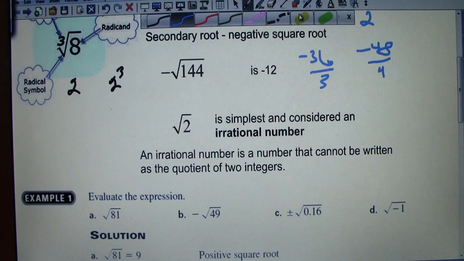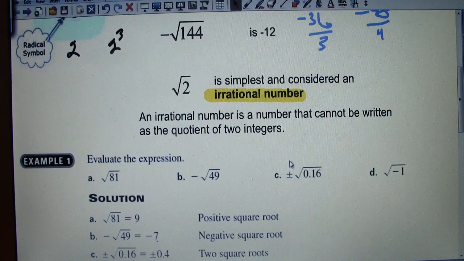So a number that's in its simplest radical form that cannot be shown as a quotient or fraction of two integers, which would be rational, this is called irrational. An irrational number is a number that cannot be written as the quotient of two integers.